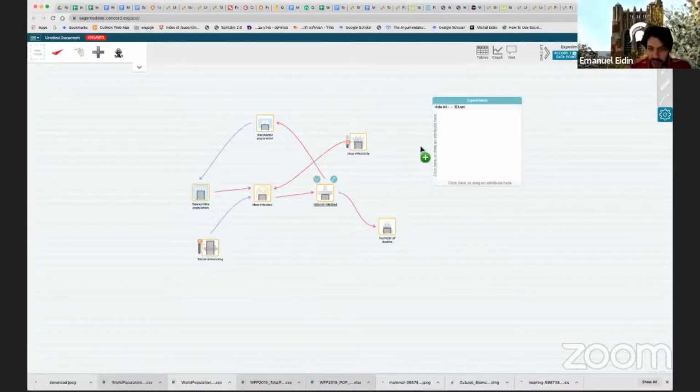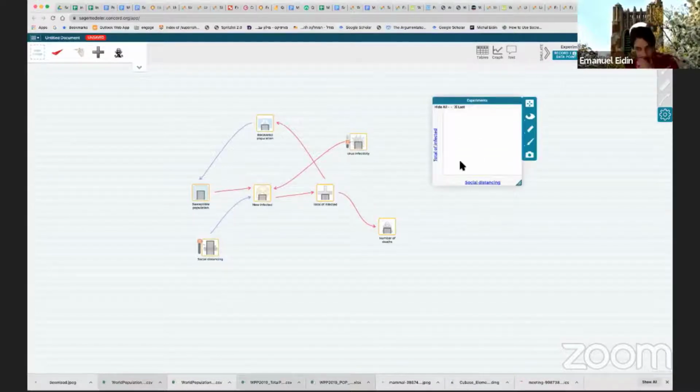So let's say my dependent variable will be the total of infected. And I can drag. There are many ways you can do that. And here, on the y-axis, the total of infected.